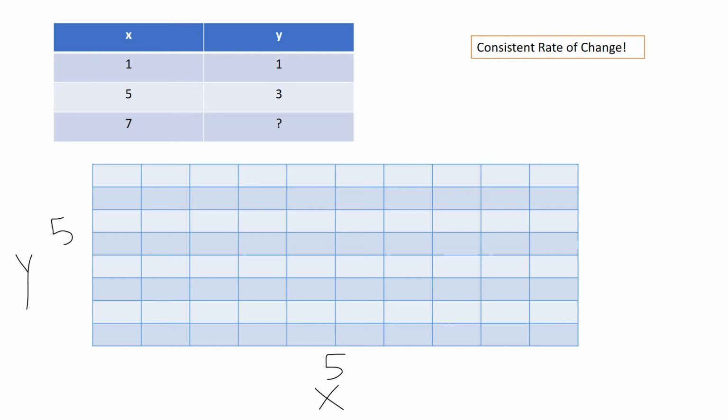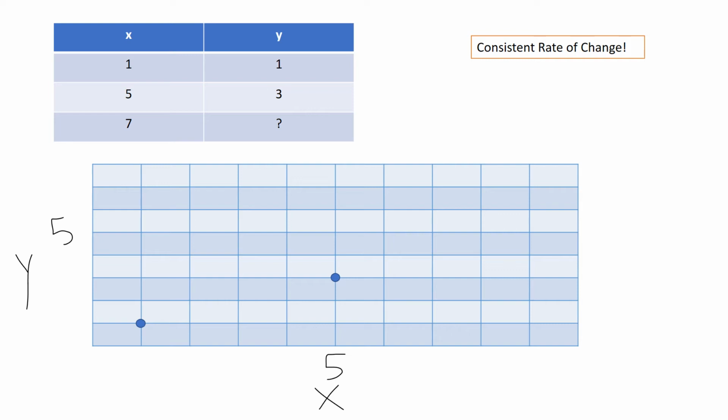That's one way to do it, so I'll do it that way first. So you want to plot the first dot, and the first dot would go here. So this is 1, 1. The next dot would be here. This is 5, 3. So go over 5 and up 3.